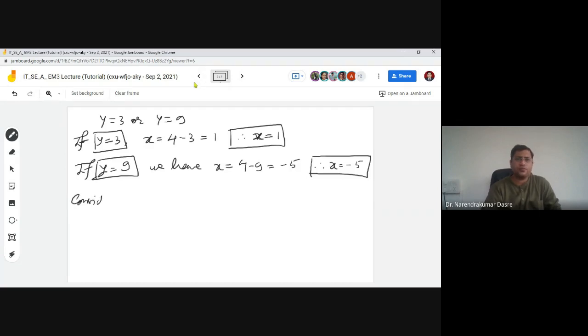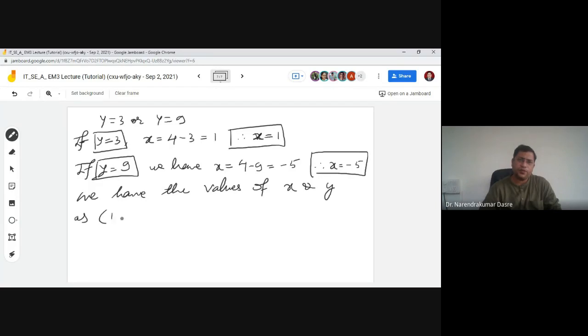We have the values of x and y as: when x is 1, y is going to be 3, and when x is minus 5, y is going to be 9.